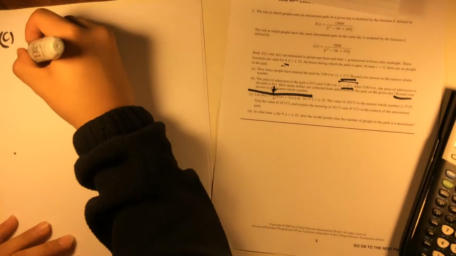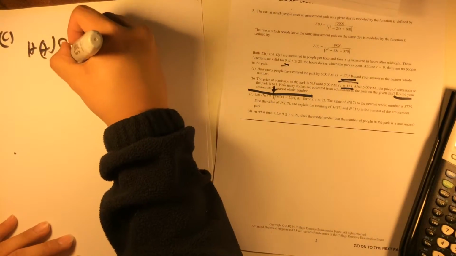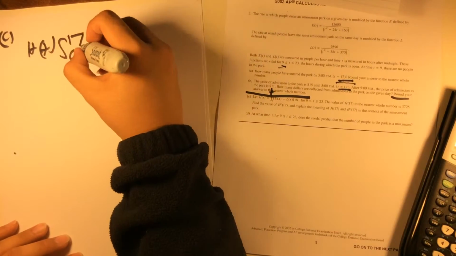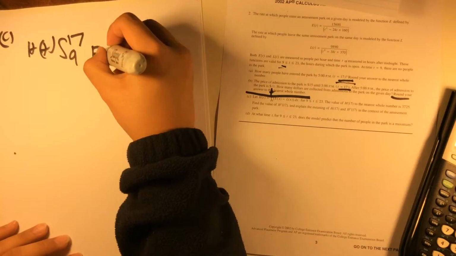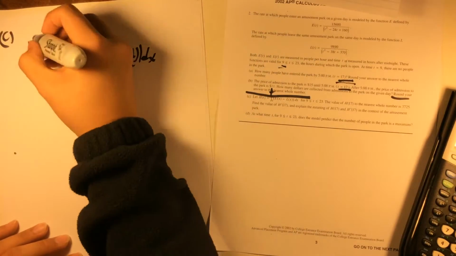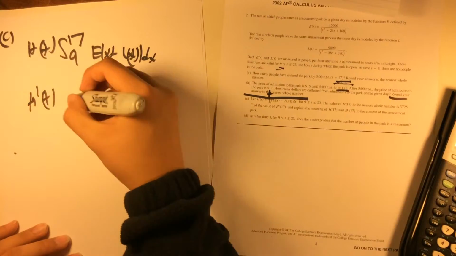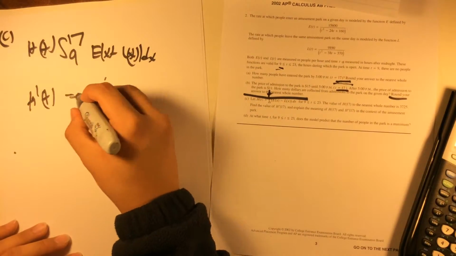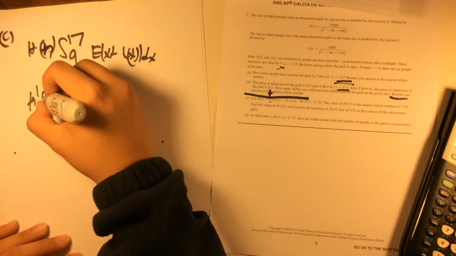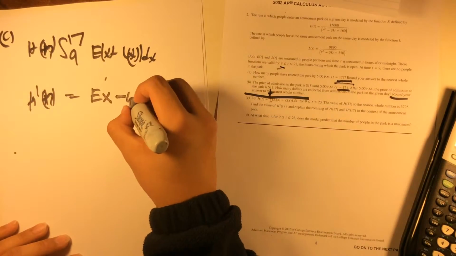Now if H of t equals the integral from 9 to t, which in this case is 17, of E of x minus L of x dx, then H prime of t is just simply E of x minus L of x.